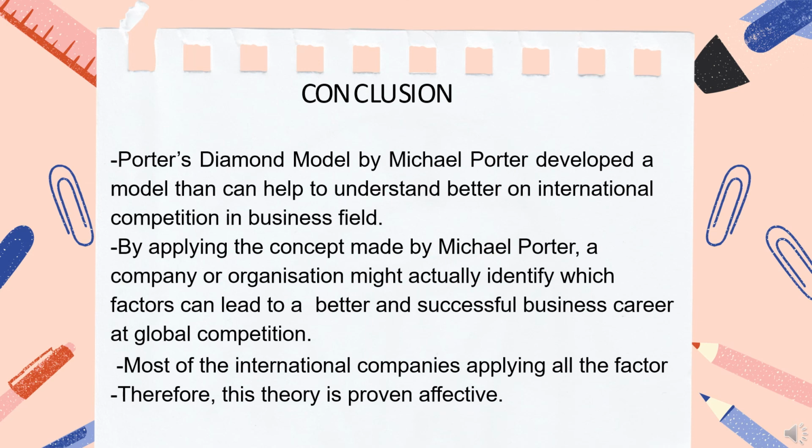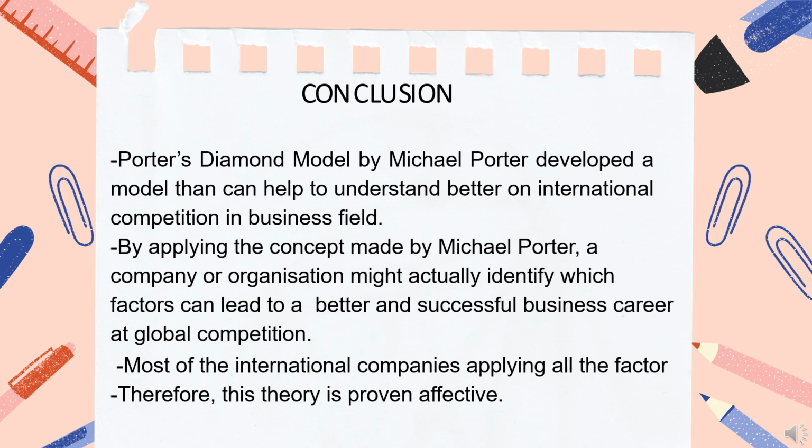In conclusion, Porter's diamond model by Michael Porter is a model that can help to better understand international competition in the business field. By applying the concept made by Michael Porter, a company or organization might identify which factors can lead to a better and successful business career in global competition. More creative ideas and strategic goals can be formulated by the industries.